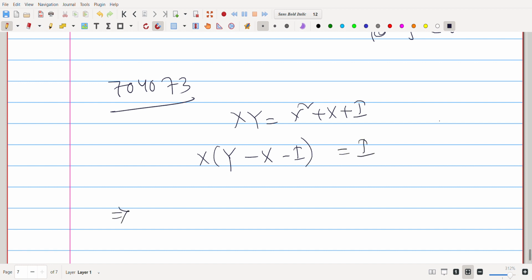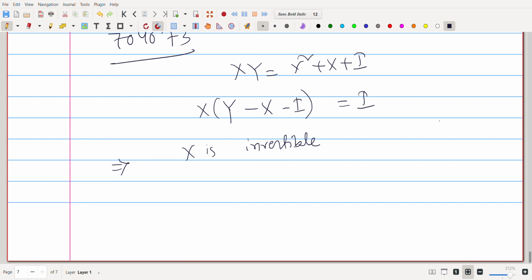From this I can claim that x is invertible, because x times some matrix is identity. Okay, so if x is invertible, then y can be written as x inverse times (x square plus x plus identity), hence xy equals yx.